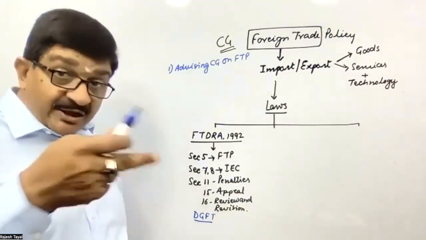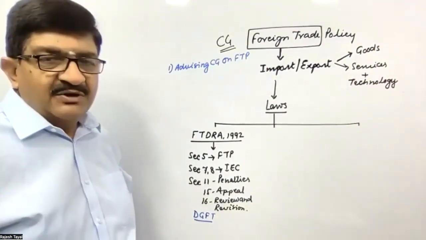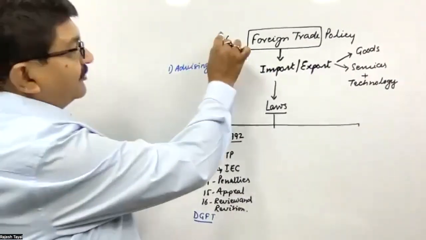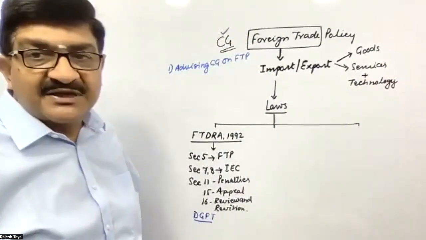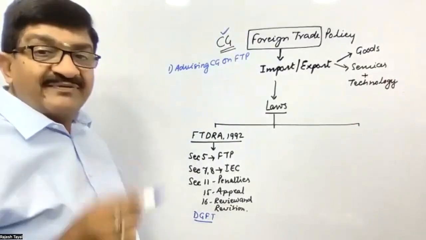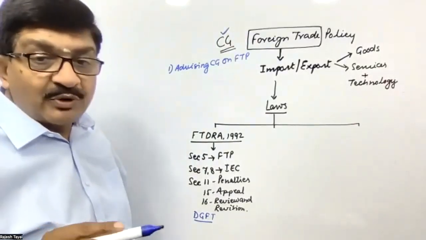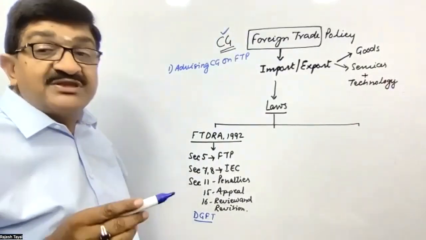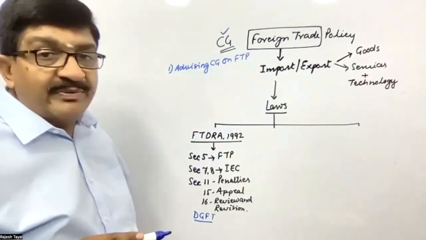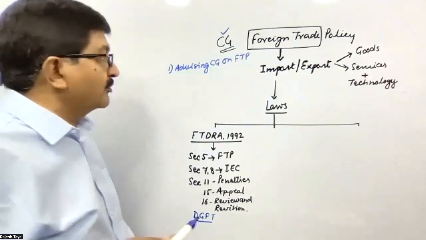When it comes to making of the policy, who's making the policy? Policy is being made by central government. What is the role of DGFT in that? The role of the DGFT is purely advisory. So DGFT is advising the central government what should be there in the policy, what should not be there.